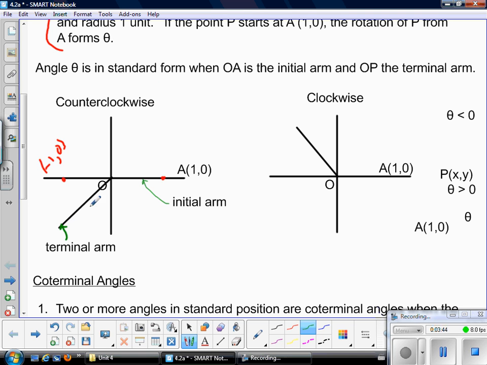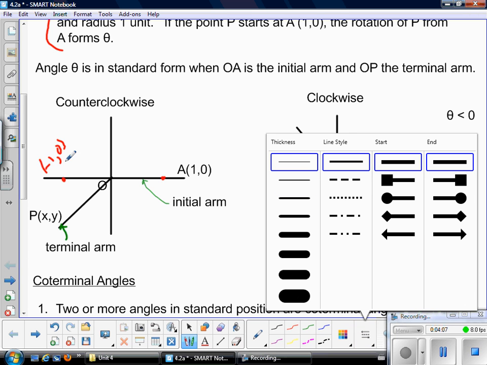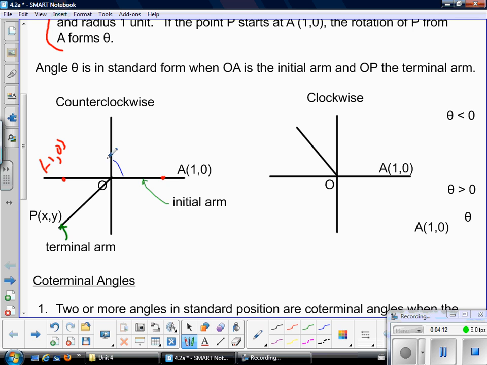So they're saying that theta is created when point P(x, y) is on the unit circle. So imagine the unit circle here. I don't want to put it there because it really clutters the picture even more. And what happens is as we are going around that circle, starting at the initial arm and stopping at the terminal arm, that is what we define as theta.